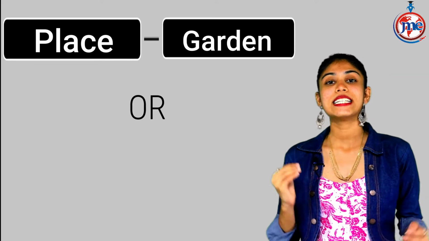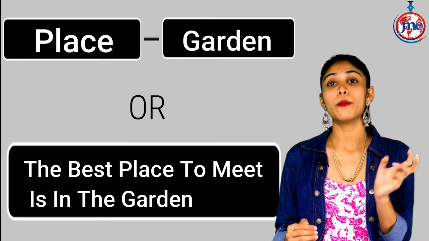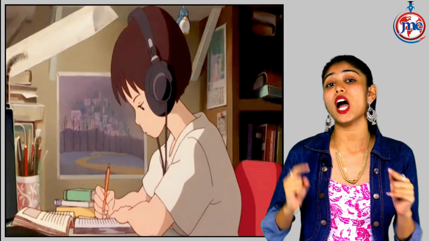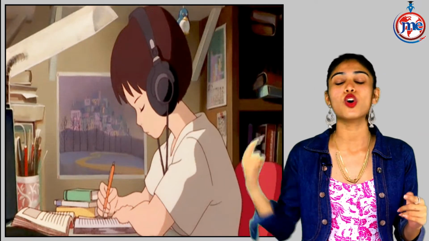Or if it is like the best place to meet is in the garden. So students, all you need to do is make notes while the audio is going on.